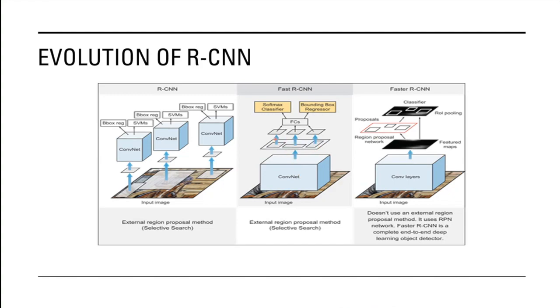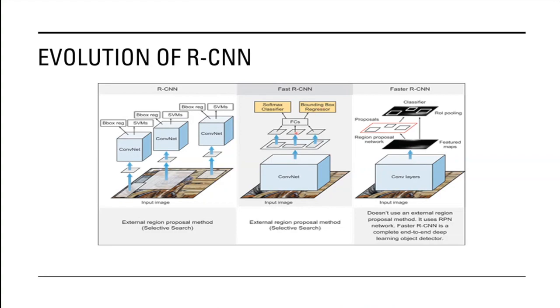So we have the feature map here, the output of the convolution. And in the feature map, we had an external regional proposal method.